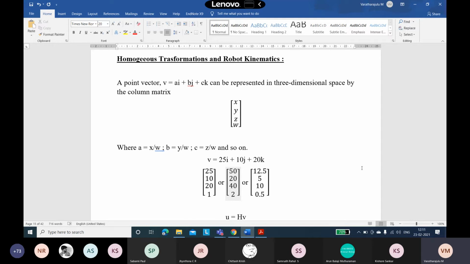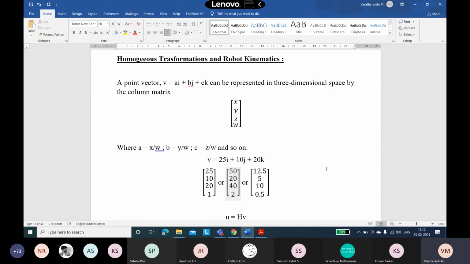By separating this, we can find the appropriate position of the end effector. One particular system is the homogeneous transformation in robot kinematics.